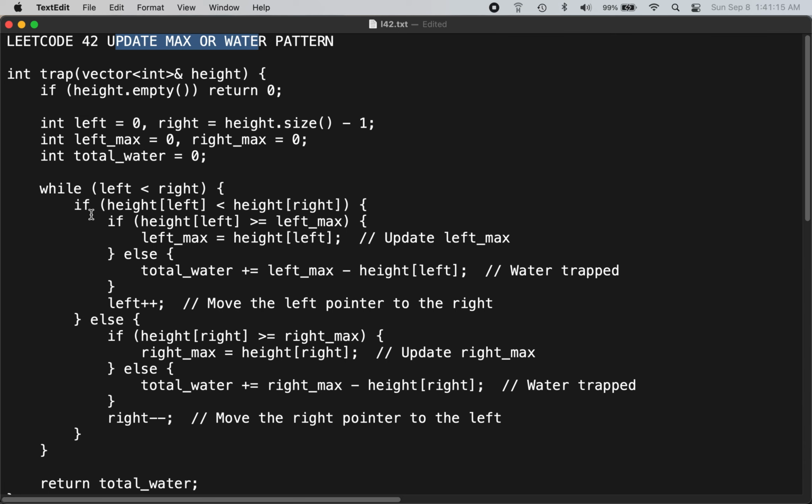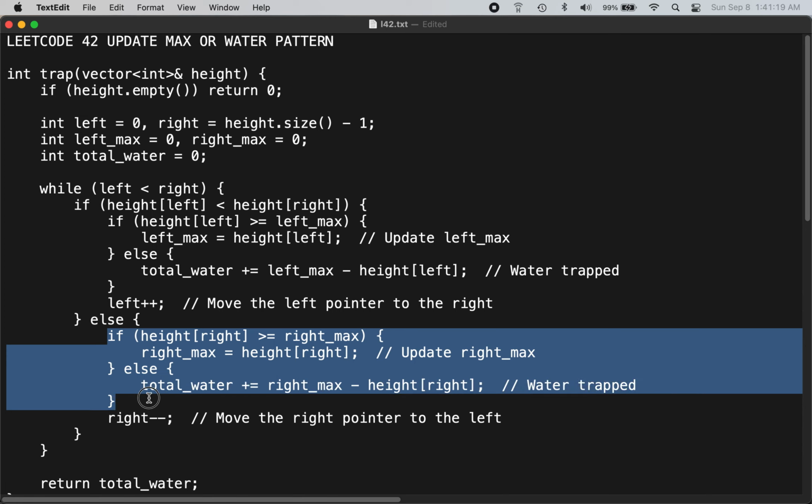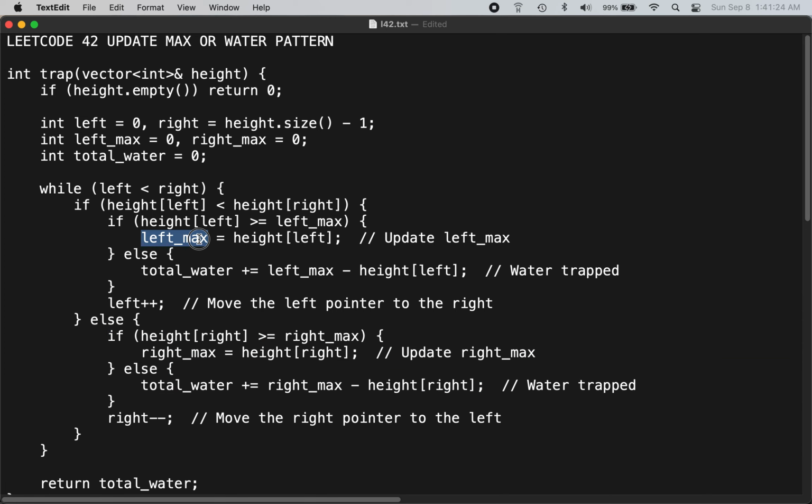This condition is a replication for left and right. Either you update the left max or right max, or you gather total water. That's the reason I named it that way, to remember the solution. So let's take a look at the code.